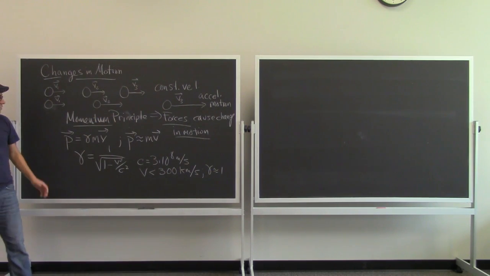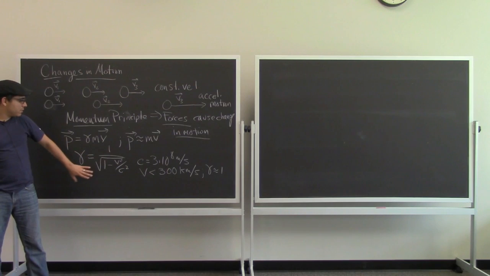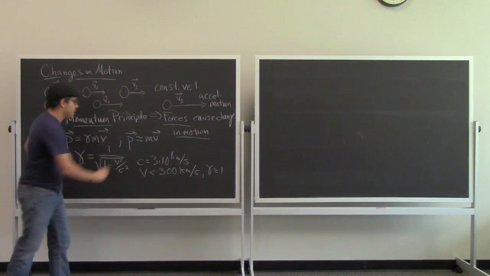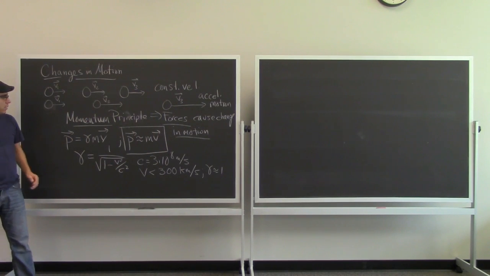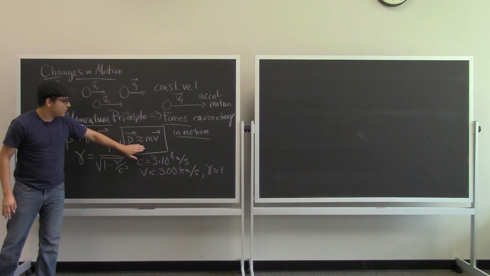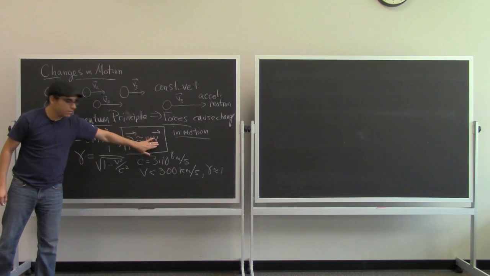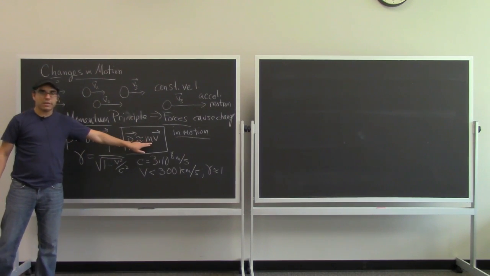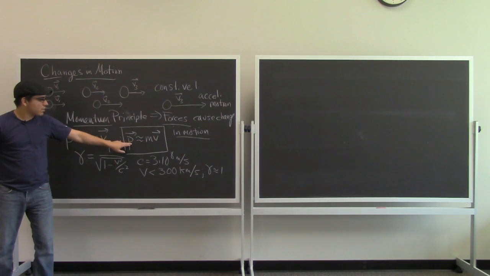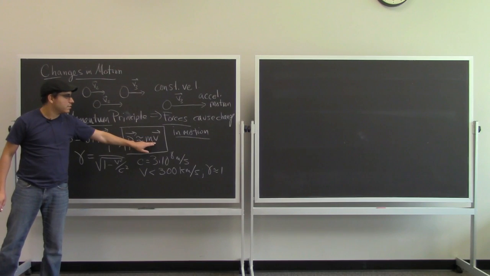So for most objects, we really don't care too much about this relativistic correction. We're OK with using this definition of the momentum vector. Okay? So this is a very straightforward definition of the momentum vector based on the velocity of the object and its mass. One thing that you'll note is that this is a vector idea, so the momentum vector points in the same direction as the velocity vector.